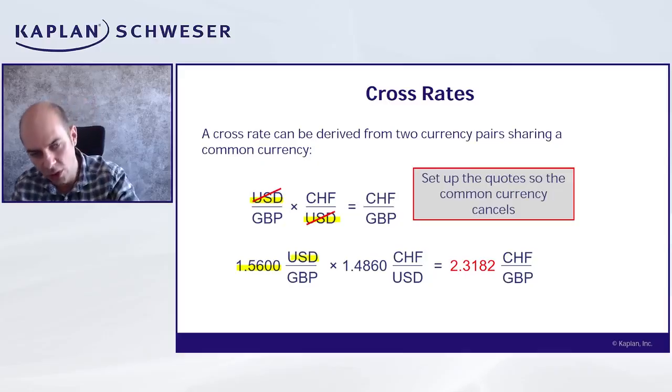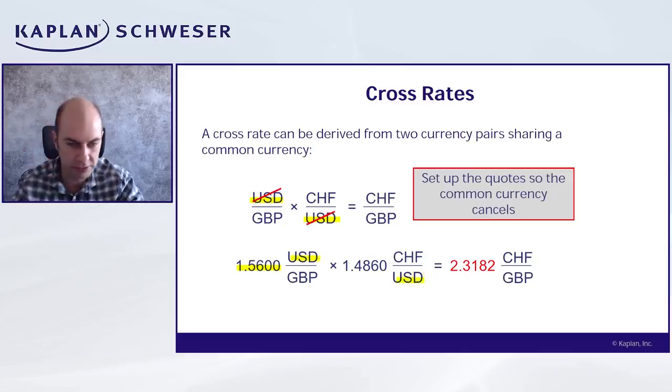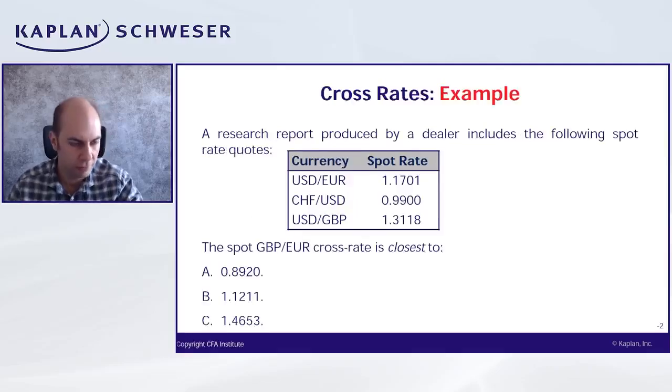Notice here that the dollar is my common currency, which will cancel out on multiplication, and I shall be left with Swiss over pound. So I can interpret that as 1 pound is going to buy me 2.3182 Swiss francs.